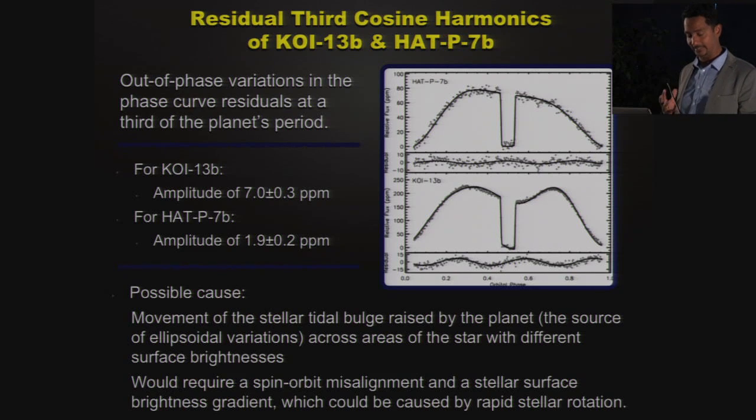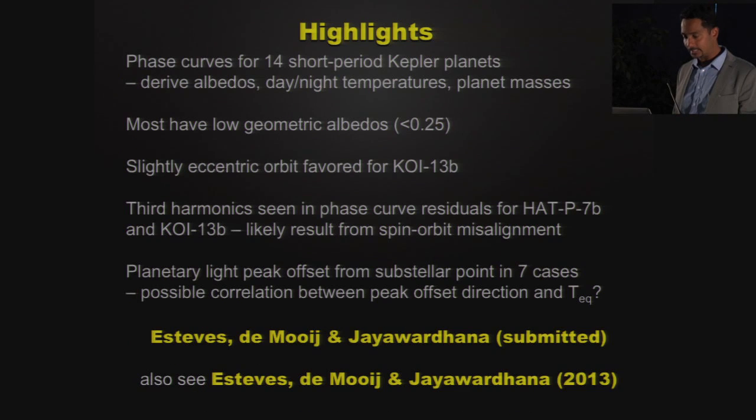In particular, we see out-of-phase variations in the phase curve residual at a third of the planet's orbital period. So this residual third harmonic may again result from the spin-orbit misalignment in the case of these 2 planets. There are many interesting details in the study that you'll have to wait for the paper to see.